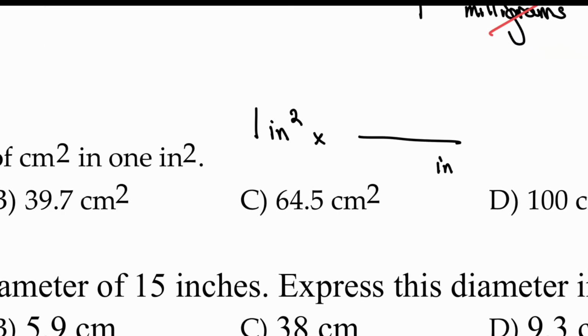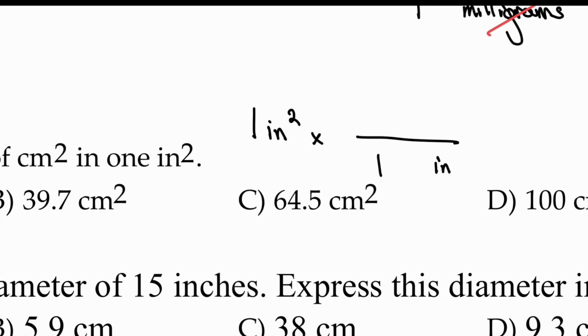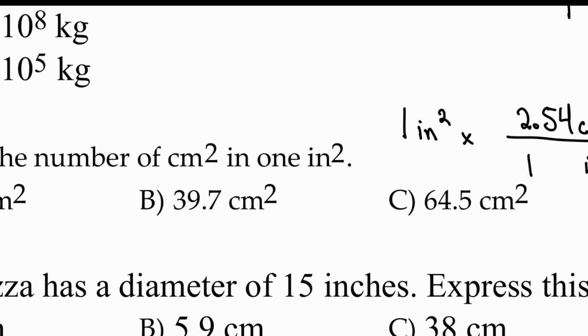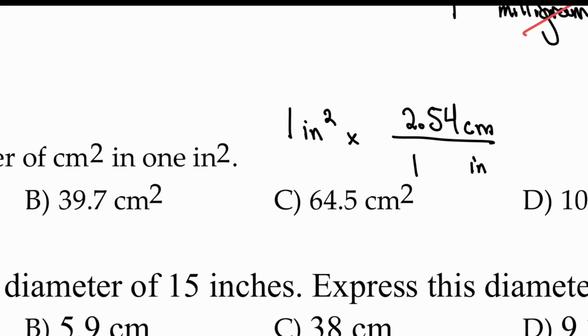If we look at our reference table, or I believe it's just called the conversion factors, we're going to see that 1 inch is equal to 2.54 centimeters. So 1 inch, 2.54 centimeters. But they're looking for it in centimeters squared. So if you watched my video, you already know what I'm going to do.